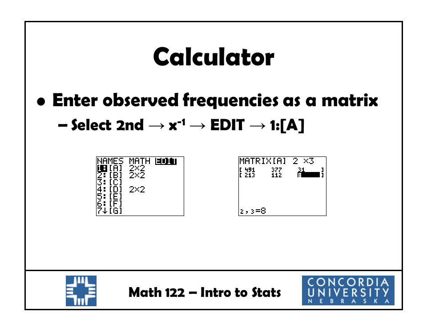The first thing we have to do is enter the size of the matrix. We denote the size of a matrix by the number of rows times the number of columns. So in this case, my table of expected values has 2 rows and 3 columns. So hit 2 and then enter, and then 3 and then enter, and then that will take you down to the first cell of the matrix.